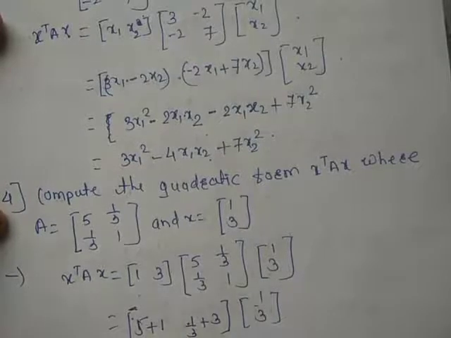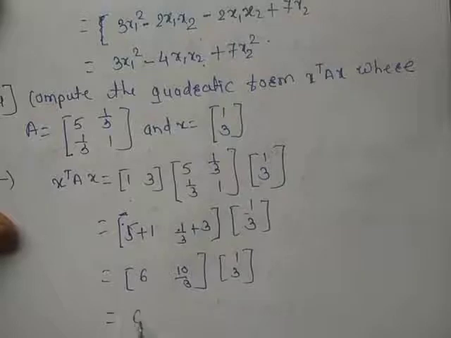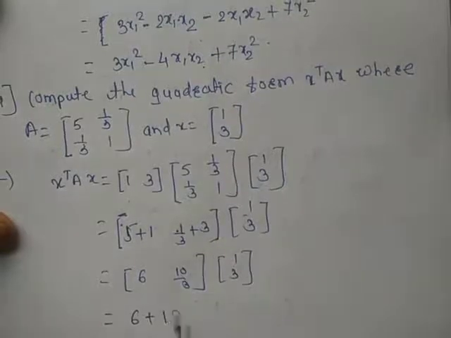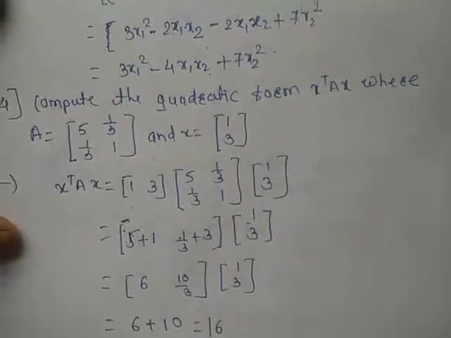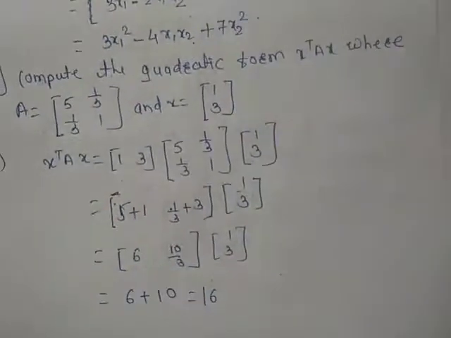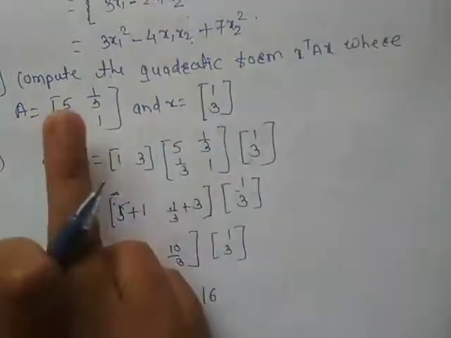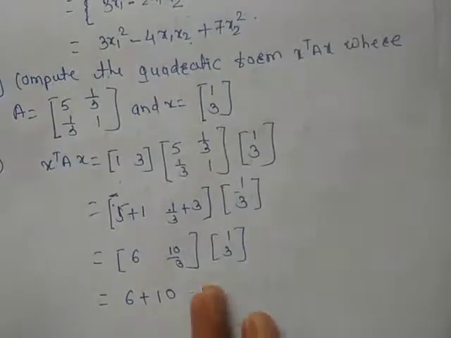Okay, this is nothing but 6 plus 10, which is equal to 60. So x transpose A x is equal to 16, which means the quadratic form of this matrix is 60.